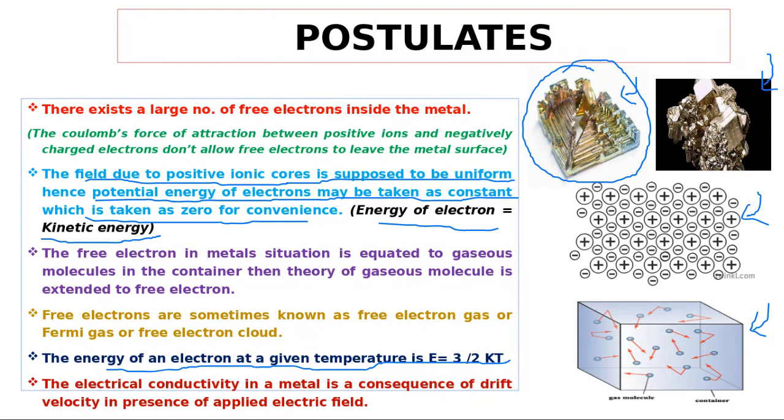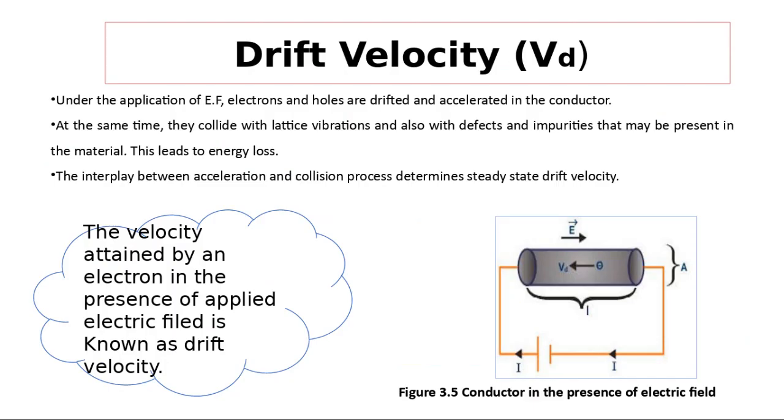So when they started studying how they behave, they made some assumptions, some postulates. There are so many electrons, and they behave like an electron gas. Using these postulates you can explain everything: why electrical conductivity is this, the behavior of thermal conductivity, and resistivity. So these are some postulates at that time about the classical theory of free electrons.